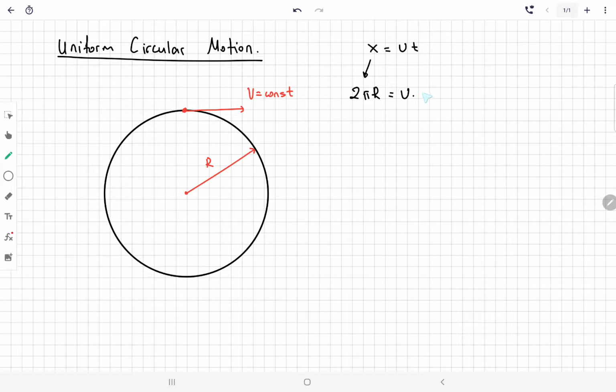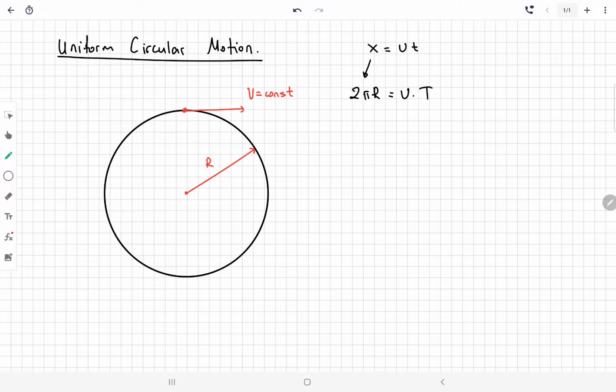Speed times time. And here, the time needed for one complete circle has a special name, we call it period. We use a new symbol, capital T. Capital T is the time needed to make one complete circle.